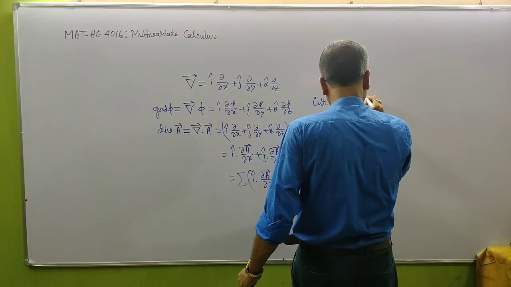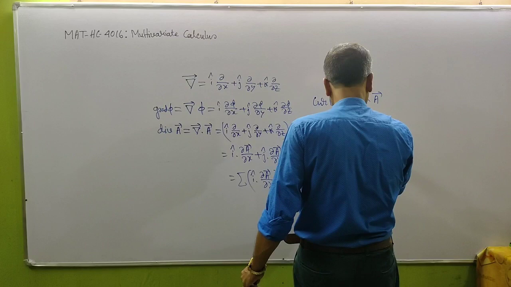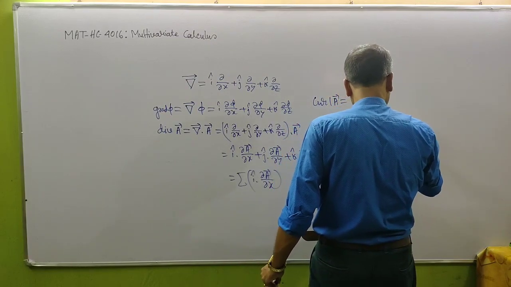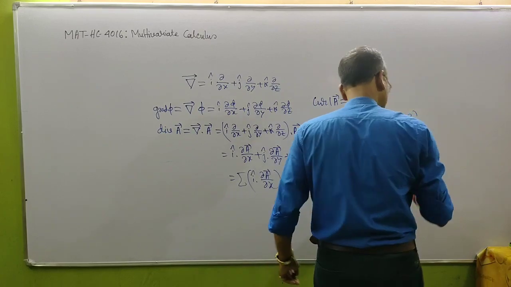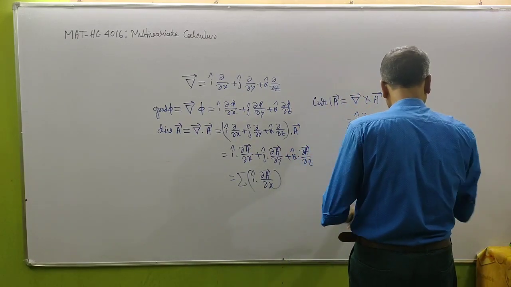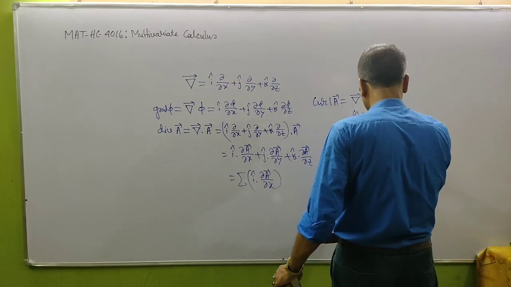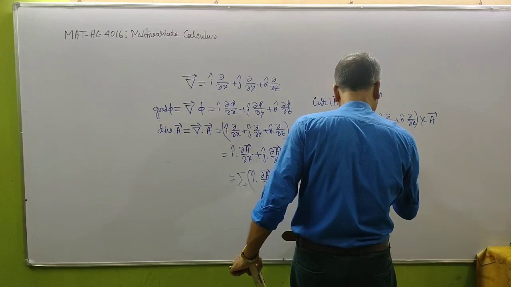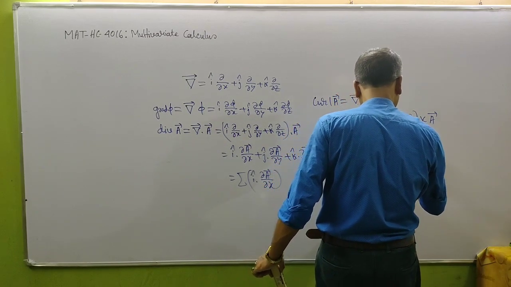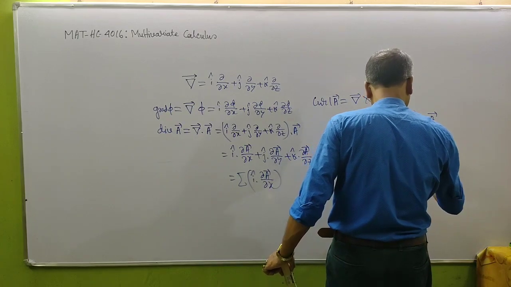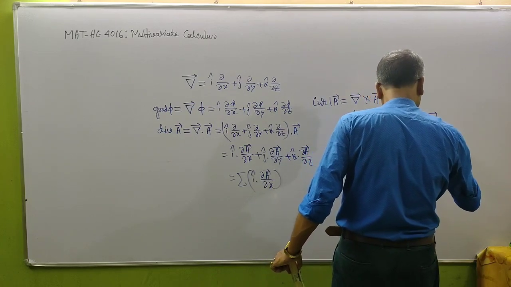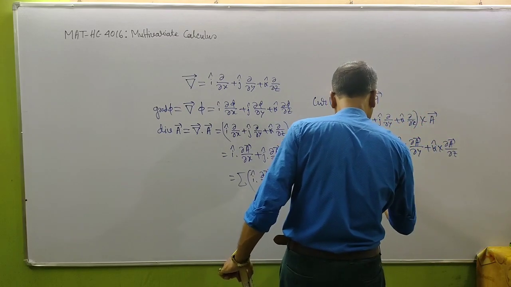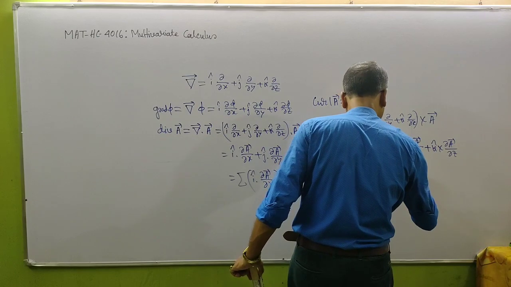Curl means the cross product of this operator, i cap ∂/∂x plus j cap ∂/∂y plus k cap ∂/∂z, cross A vector. This is equal to summation i cap cross ∂A/∂x.